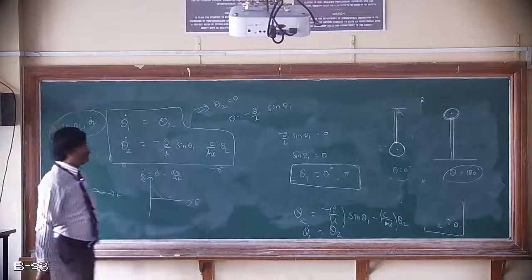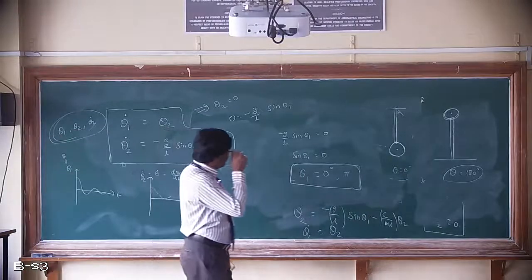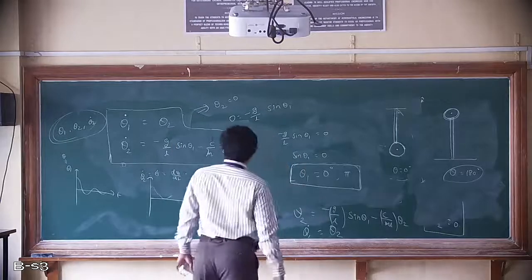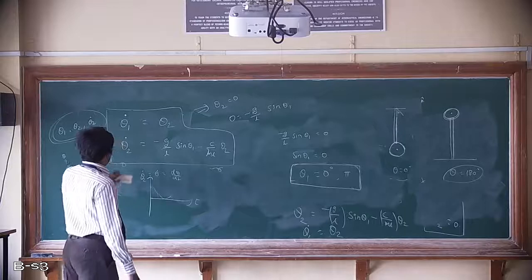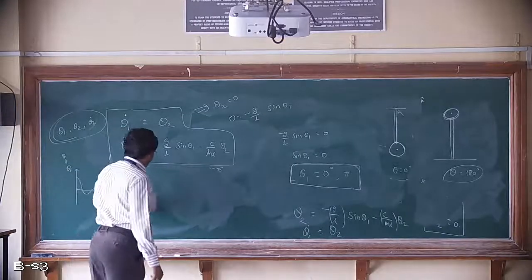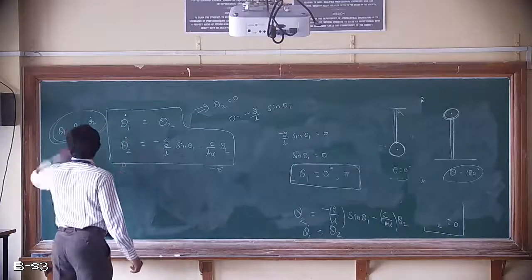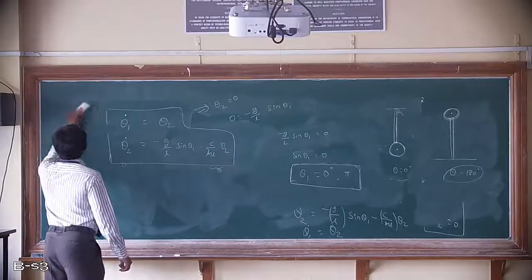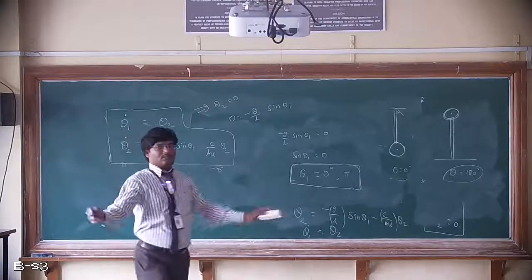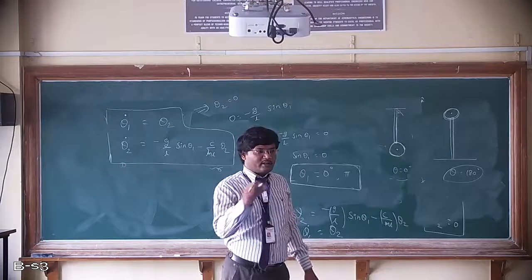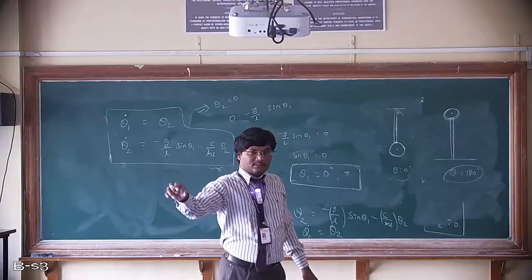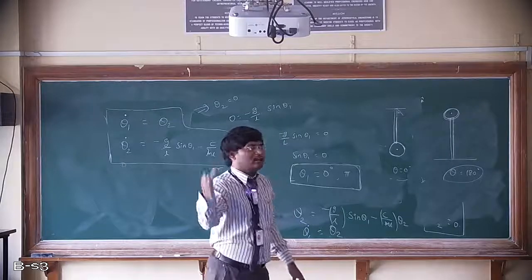Let's see. Are you following, everyone? Yesterday we already discussed this, and it is a very, very important point. Don't say fighter aircraft are unstable. The exact thing is that some of the equilibrium points of fighter aircraft are unstable.